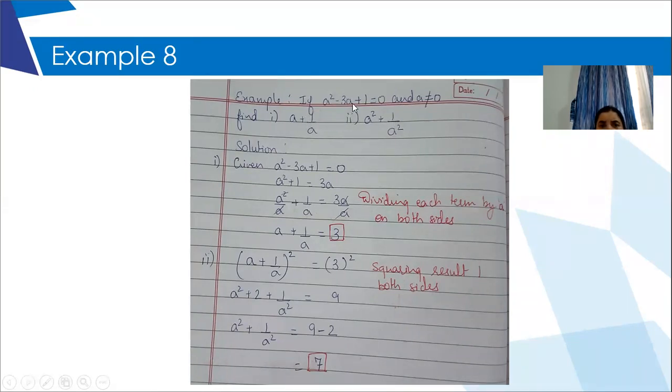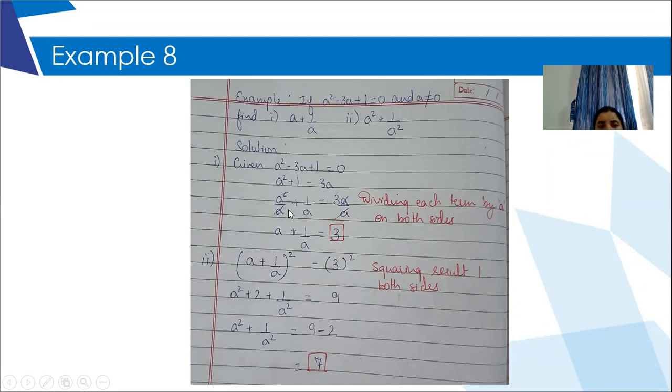Whatever is given to you, you will start with that only. So a square minus 3a plus 1 is equal to 0 was given to me. I started with that, and I transposed this minus 3a to the other side. So it became a square plus 1 is equal to 3a.